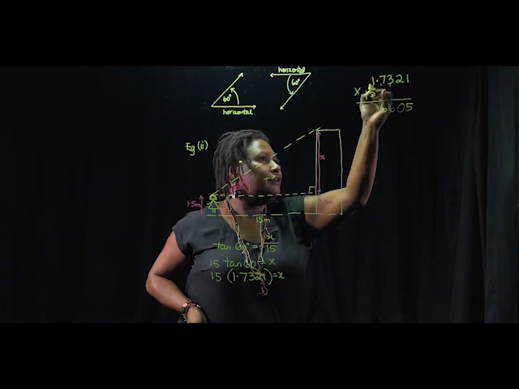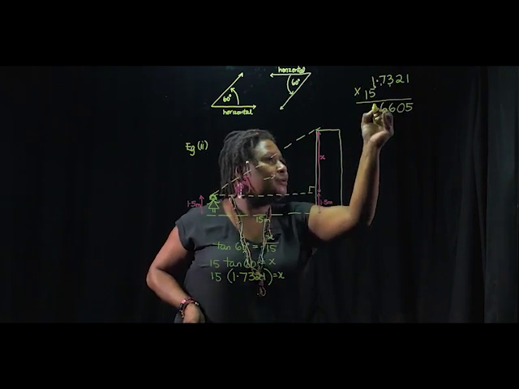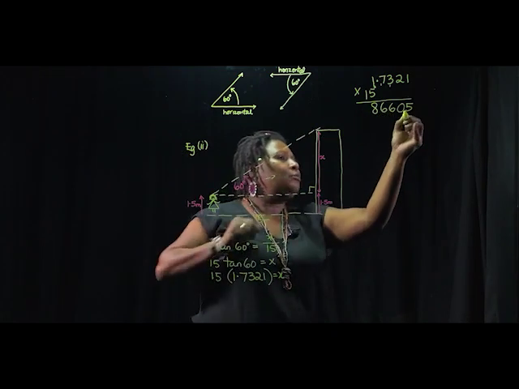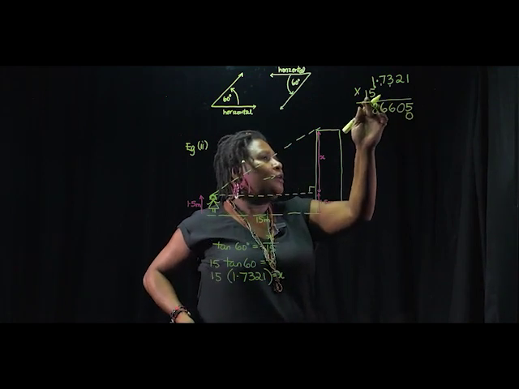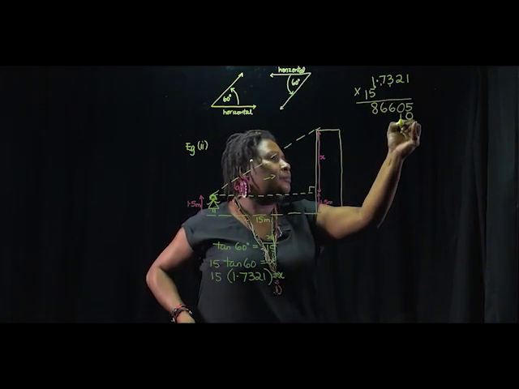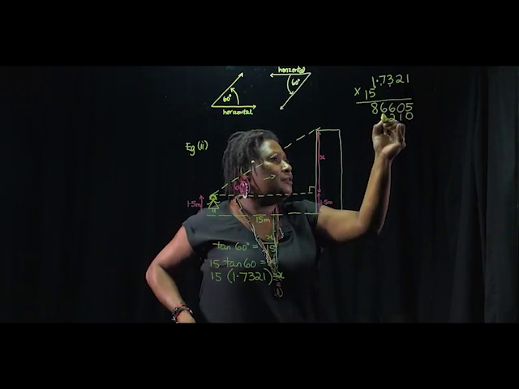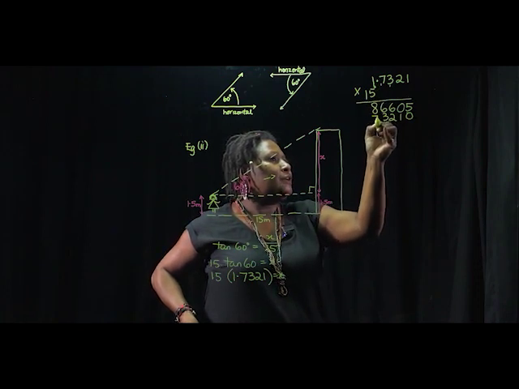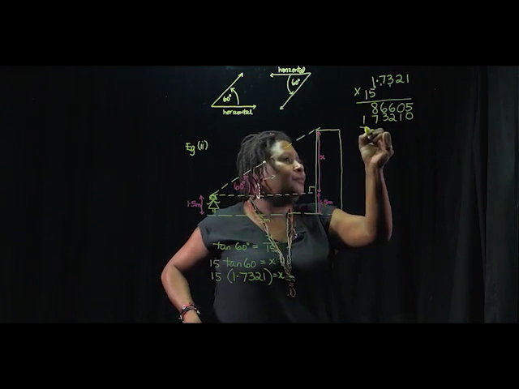Write 6 and carry 3. 5 times 1 is 5, plus 3 will give us 8. We're not done. Put a 0 here and multiply by the second number. 1 times 1 is 1. 1 times 2 is 2. 1 times 3 is 3. 1 times 7 is 7. And 1 times 1 is 1.